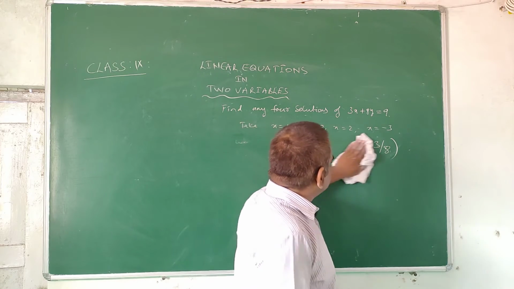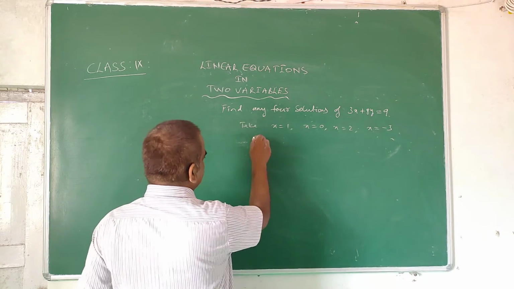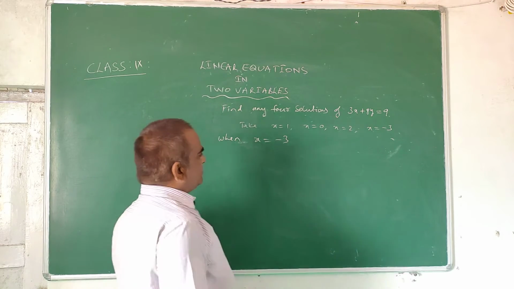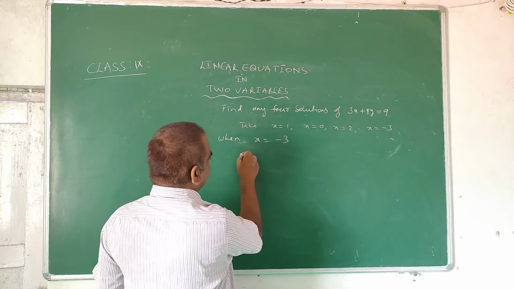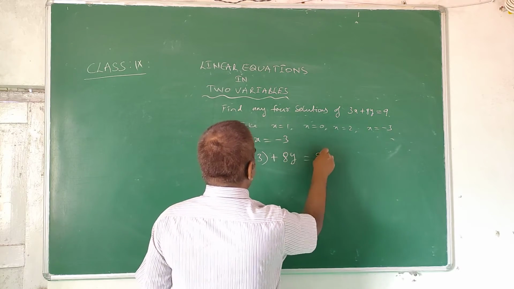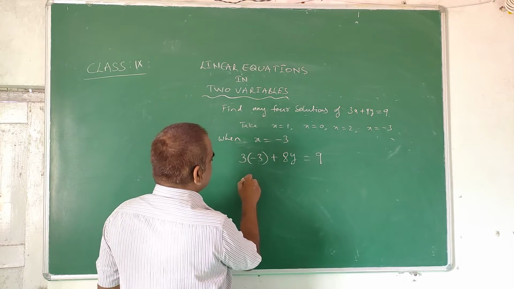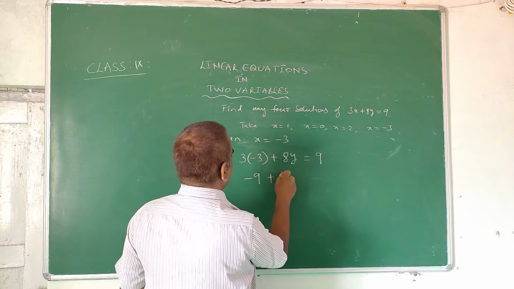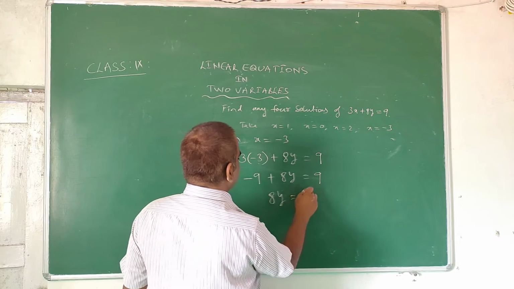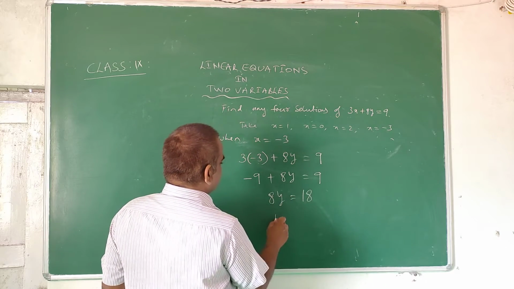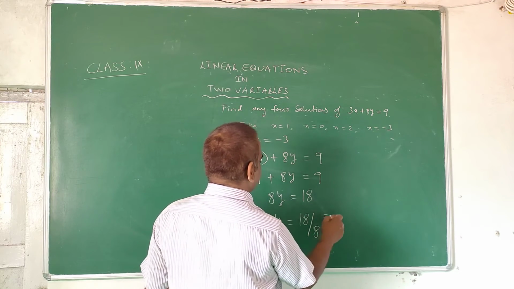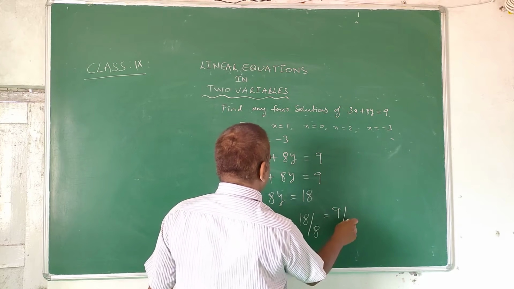The last solution you are going to find out with x is equal to minus 3. So when x is equal to minus 3, you get 3 into minus 3 plus 8y equal to 9. So 3 into minus 3 is minus 9 plus 8y equal to 9. Then 8y is equal to 9 plus 9, 18. So y is equal to 18 by 8. Cancel with 2: 2 nines are 18, 2 fours are 8, so y is 9 by 4.